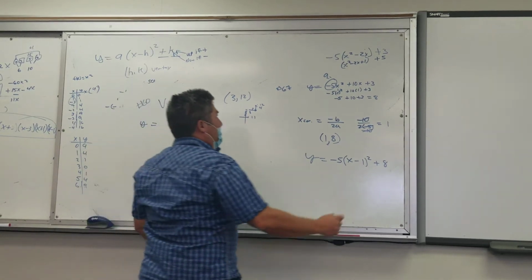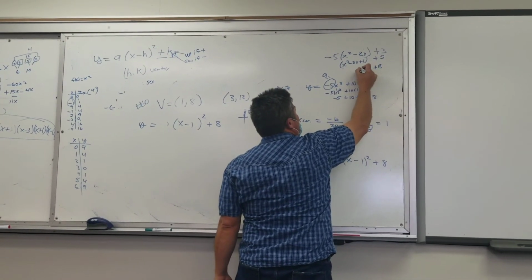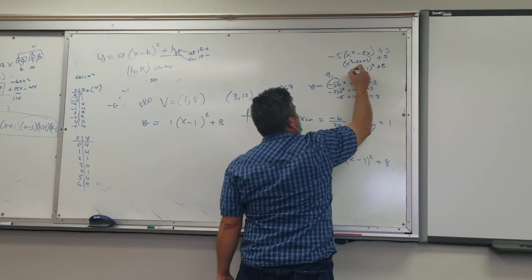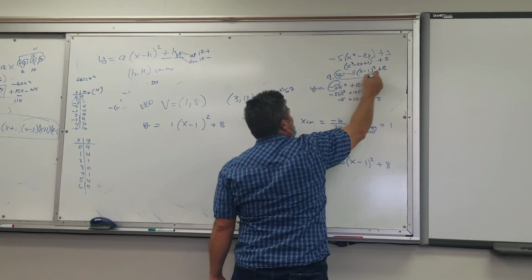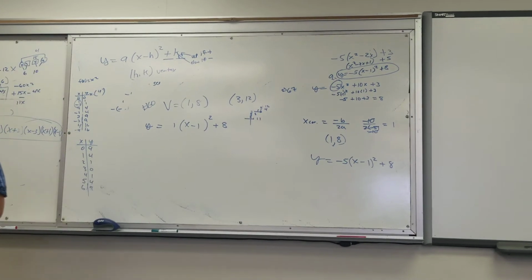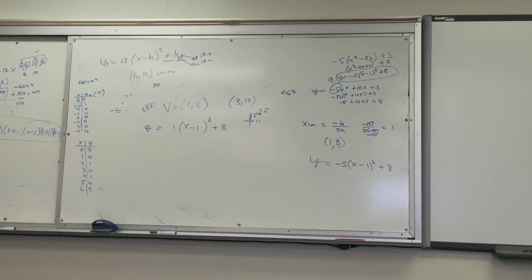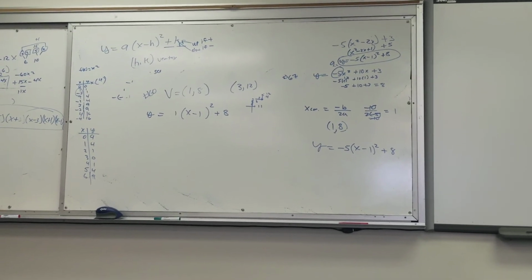Now watch. What's 3 plus 5? 8. X minus 1 squared, negative 5 in front. There's my equation. That's called completing the square. We'll do that later. But it's just kind of fun. I could do it right now if I wanted to. It's not that hard. Factor out the common factor.